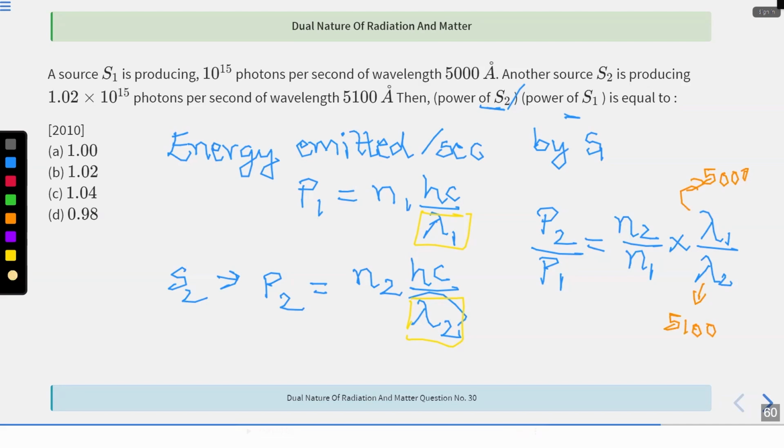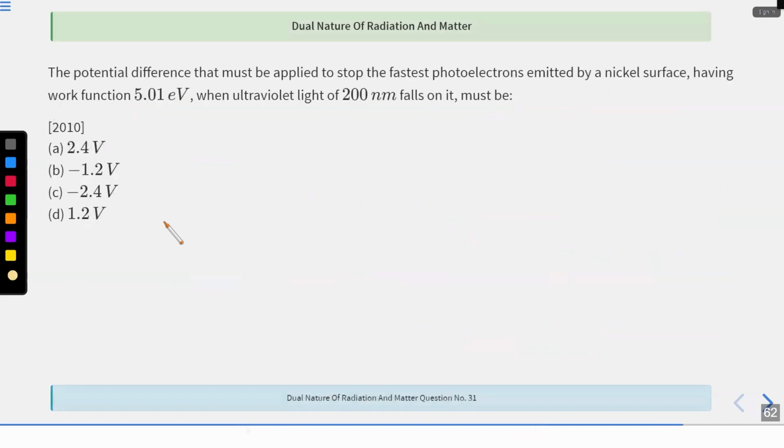That is, one is 1.02 into 10 to the power 15, and over here 10 to the power 15 is the first one. So it gets cancelled, and over here also you just multiply. So we get our ratio to be 1. So that is option A. Okay, let's move on to the next question.